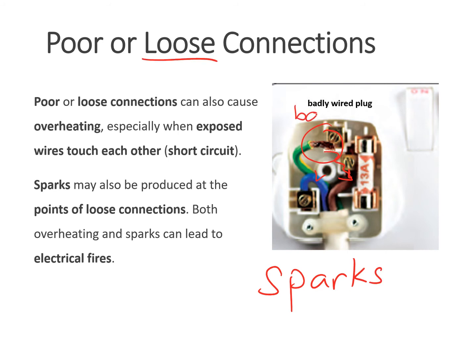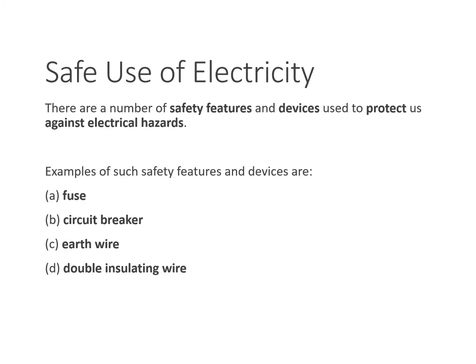So these are bare wires. Bare wires means that you are not insulating it. And then when the sparks form again, you can actually cause a fire. So make sure they are securely attached, and this can be done by getting a qualified electrician.